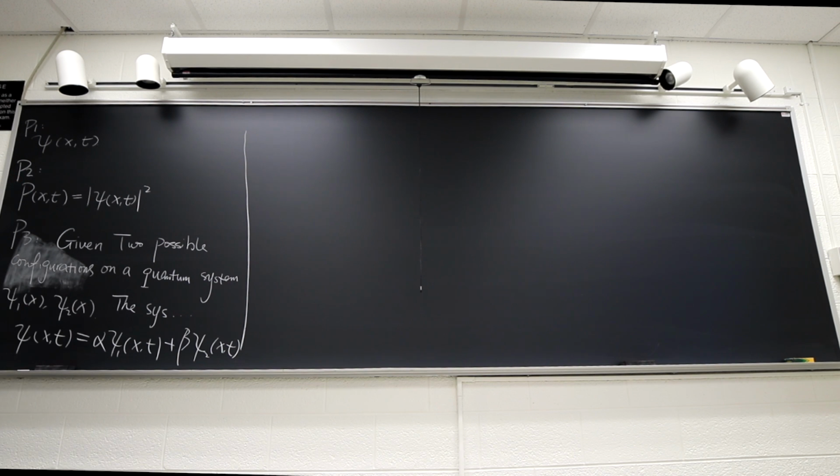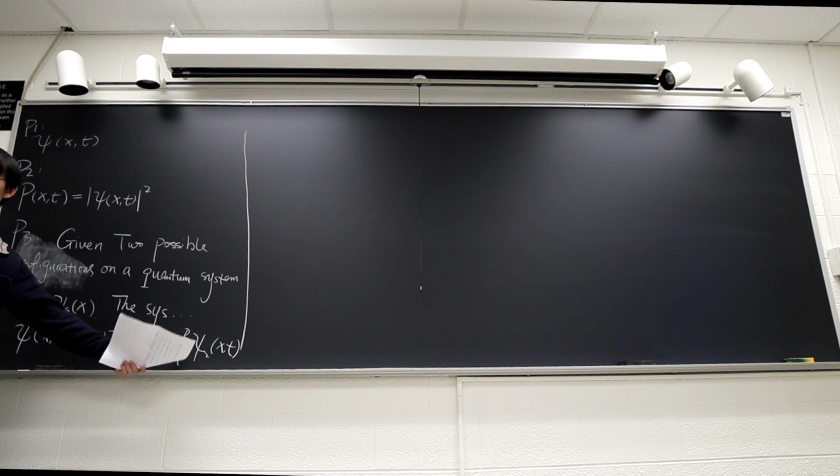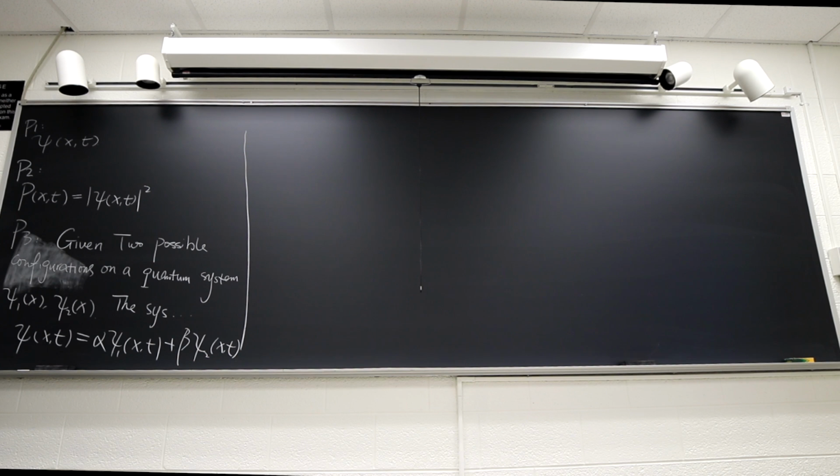It's just like a Young double slit experiment. You can have two states, and then the linear combination is still a possible state for the system. And here, since psi 1 and psi 2 are already complex numbers, alpha and beta can also be complex numbers, because in the end you just take the amplitude and square. So complex numbers given the same amplitude will give you the same probability.